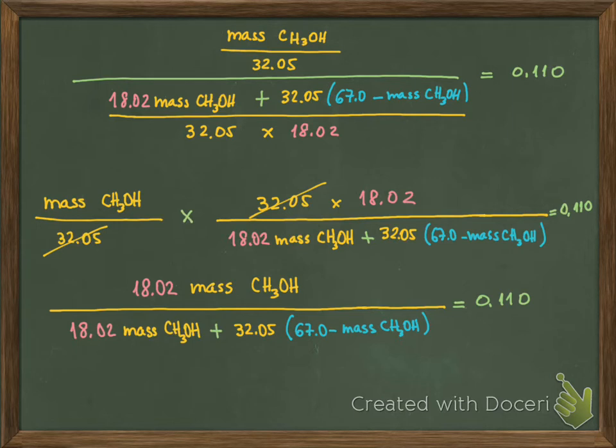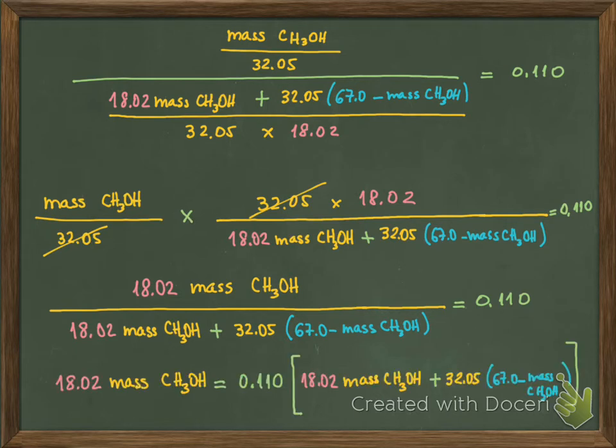The thought process now is cross-multiplying the denominator by 0.110. So this is the numerator that we kept, equal to the cross multiplication.